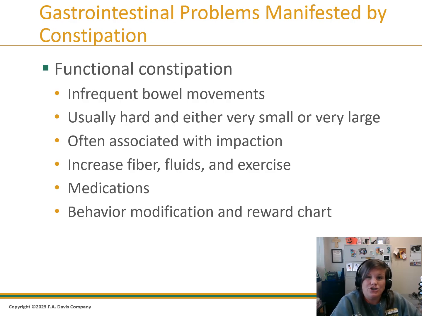Ways to address it would be increasing fiber, fluids, and exercise, because we know all of those things are going to, on their own, prevent, but in this case help reduce this constipation tendency. And then there may even be need for some medications that are also geared towards relieving that constipation.